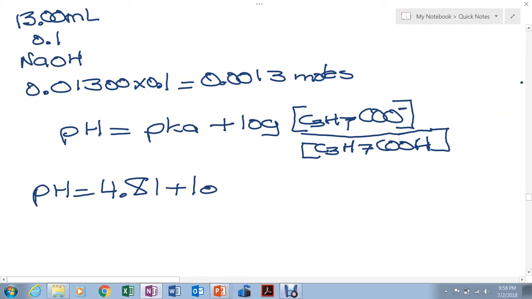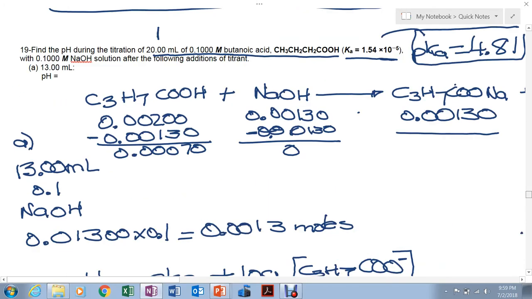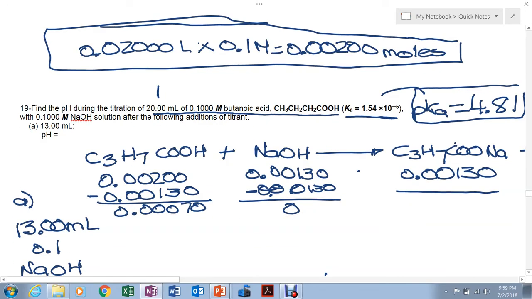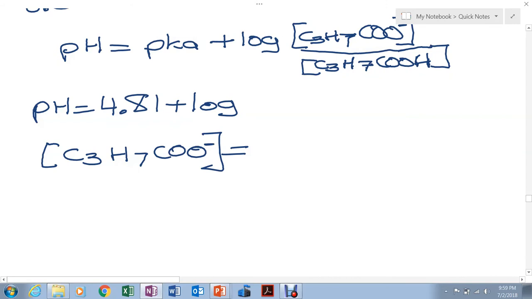Now we have to find out the concentration of the acid and the base. Let's start with the base first. The concentration of the base is the moles of the base you form, which was 0.0013, divided by the total volume, which you add 13.00 plus what you had before, 20 milliliters.